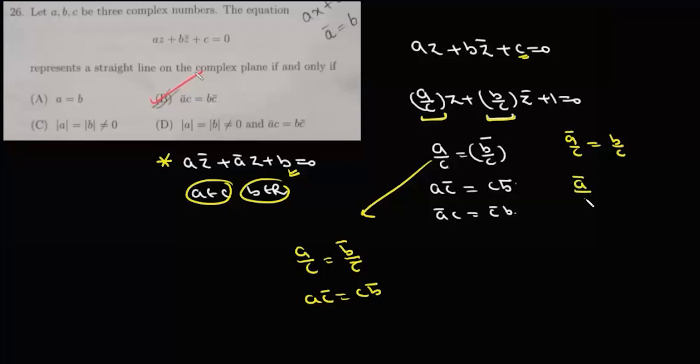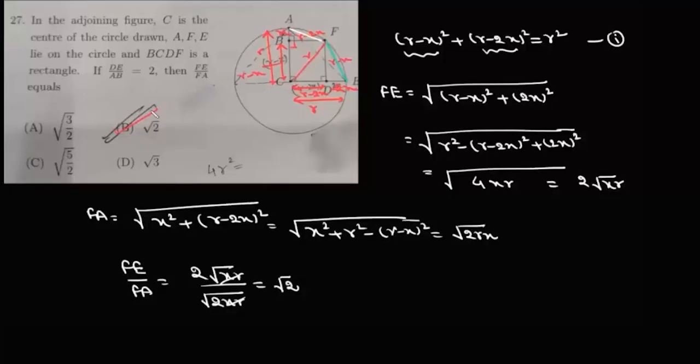From here we can write a bar upon c bar equals b upon c, or a bar c equals b c bar. And from here also, if we take its conjugate again, we'll get a bar c equals c bar b, and that's your option B.